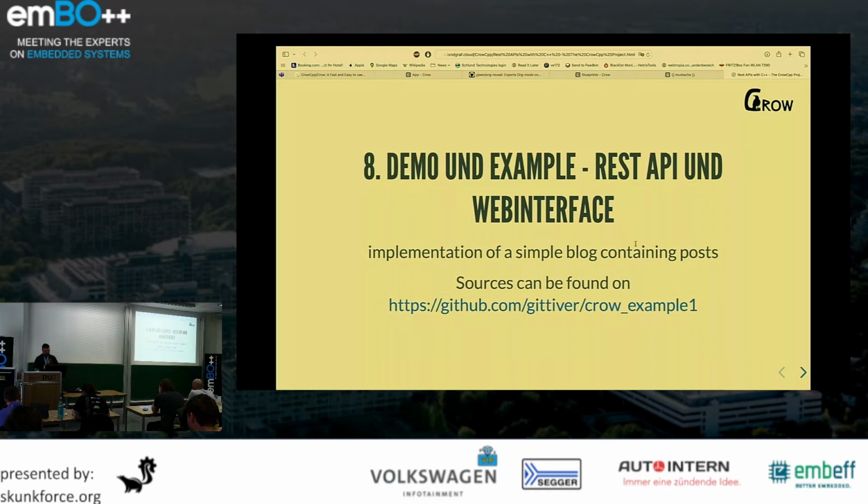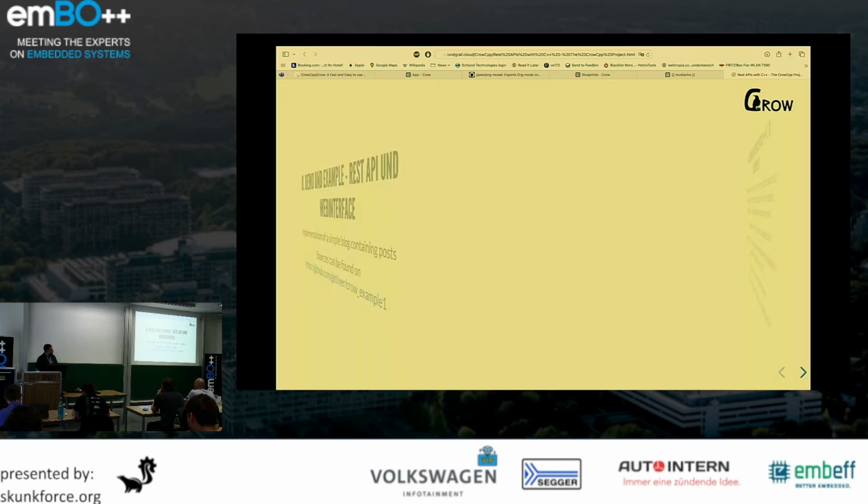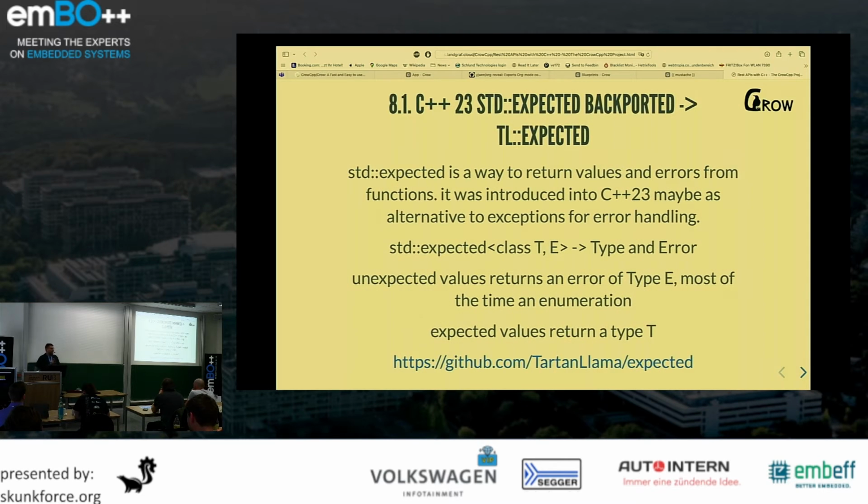Maybe before I go into the example, there is one thing I used which is not yet in the standard: this std::expected type. They stole it somehow from the Rust guys. It's a combination of a type and the type for the errors. This could be a string or an enumeration for an error code, and you could use that to return values from a function.